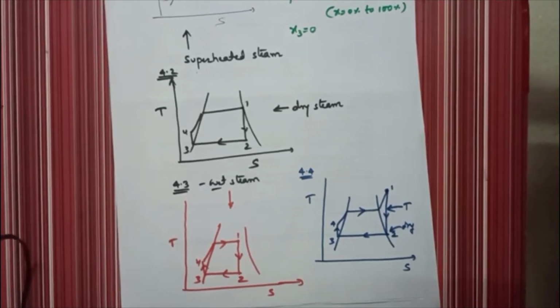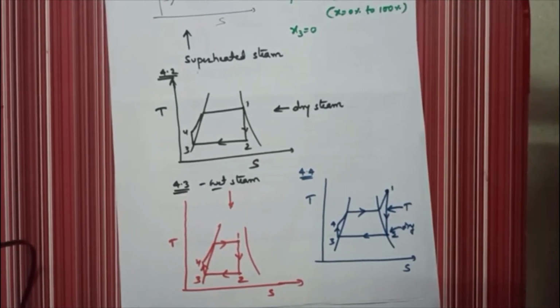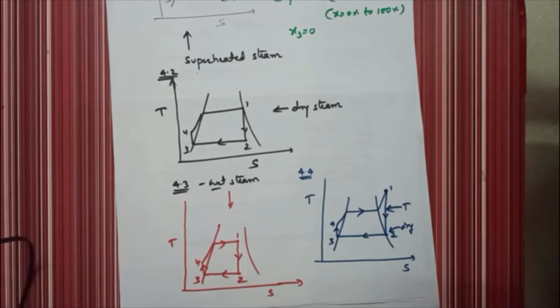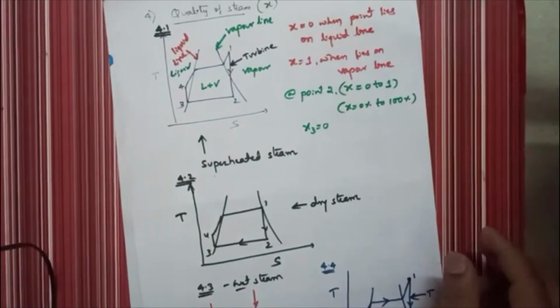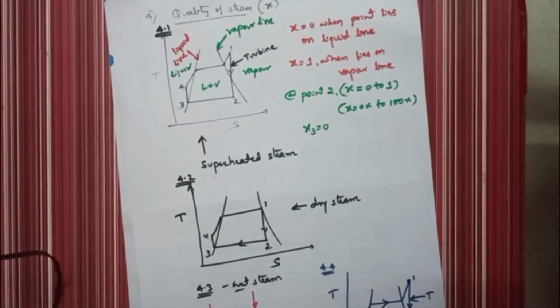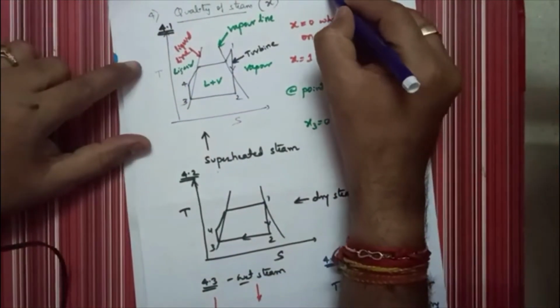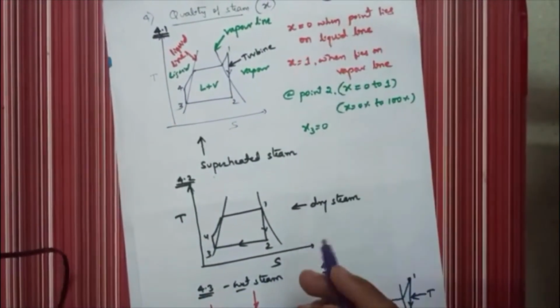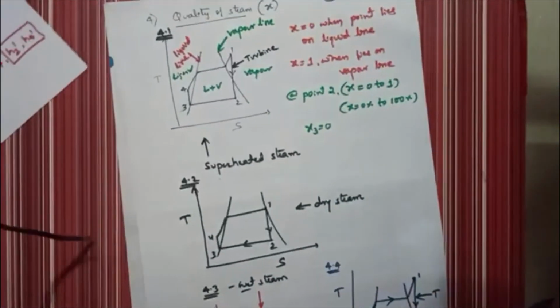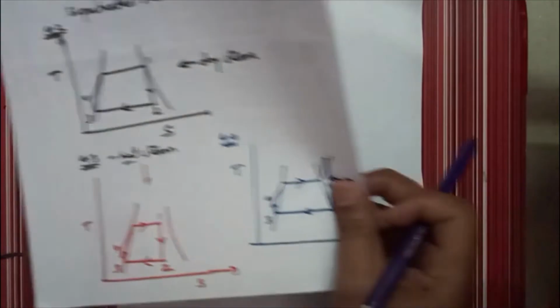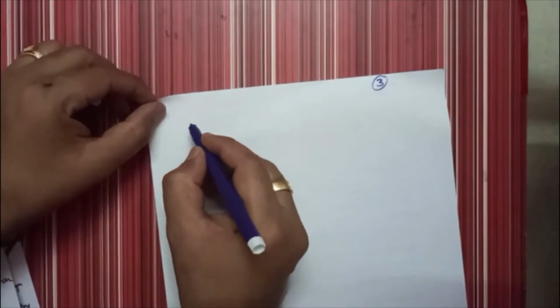Then going to the next point, we will discuss the formulas, the equations used for solving the numericals. So here I will give this as page number 2, and here I will give page number 1. The numericals are easy. Please put in some effort, and it will become easy to understand. So, numericals on vapor cycle using formulas.